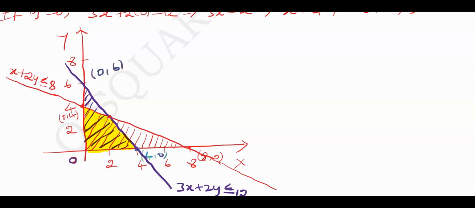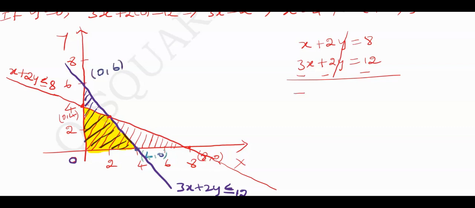For that we have to solve these 2 equations, x plus 2y which is equal to 8 and 3x plus 2y which is equal to 12. We subtract the second line from the first, then this y and y will get cancelled and we'll have minus 2x is equal to minus 4. From this x is equal to 2.